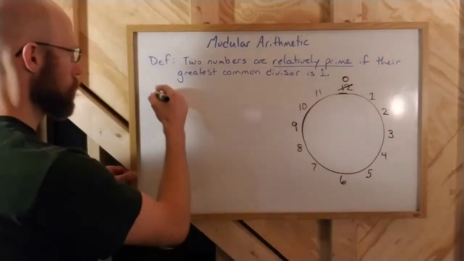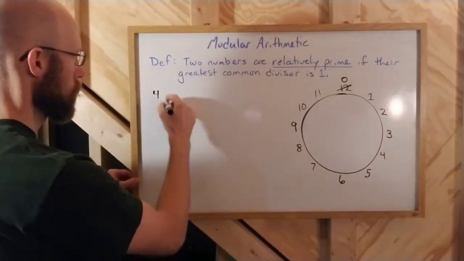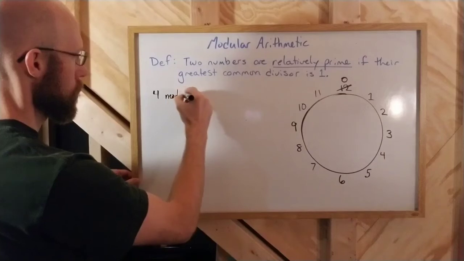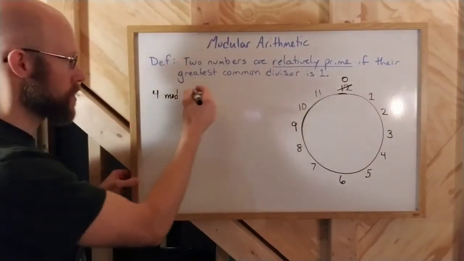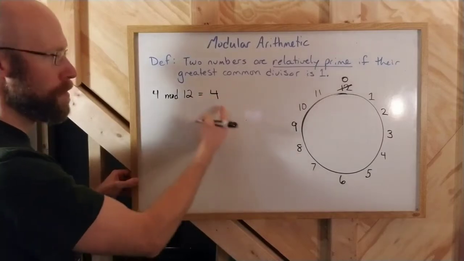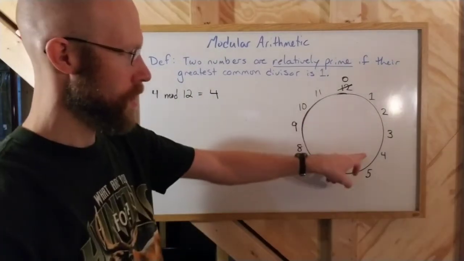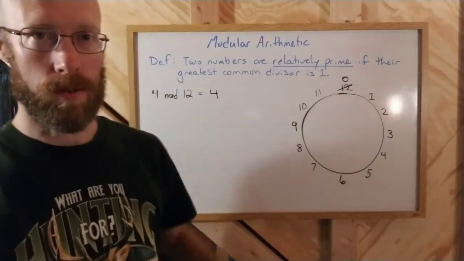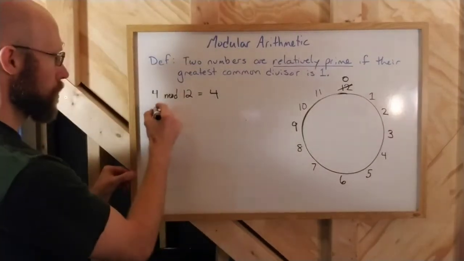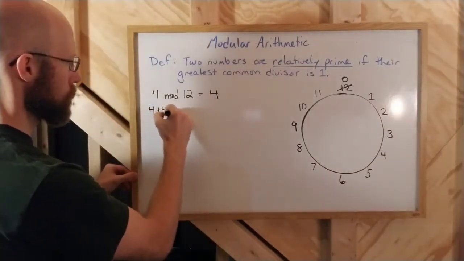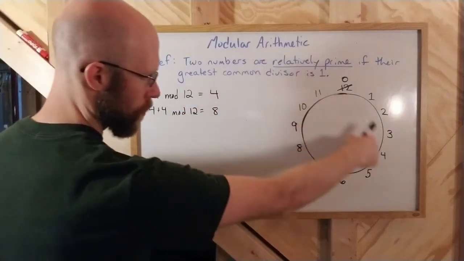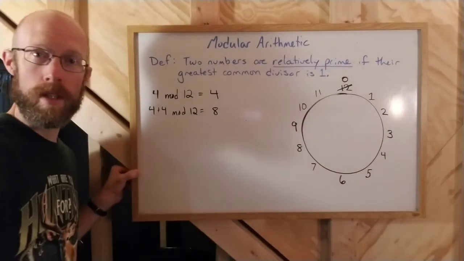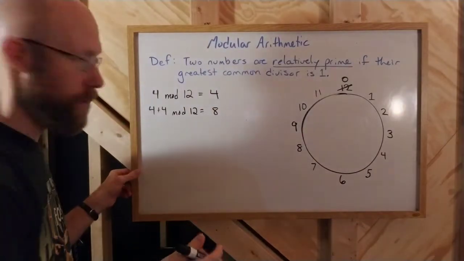So let's go 4, well, anything mod 12 that starts out less than 12 is itself. Okay, 4 mod 12 is 4, right? Always starting at 0. And so if I wanted to do 4 plus 4 mod 12, well, that's just going to be 8, right? You go 4 and then you go 4 more, still less than 12. So I don't have to do any division on those.